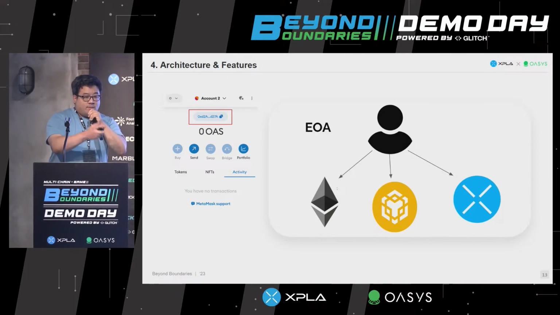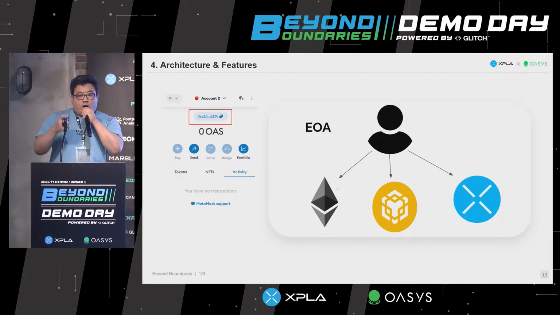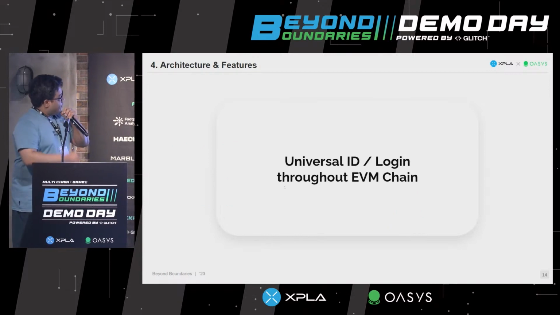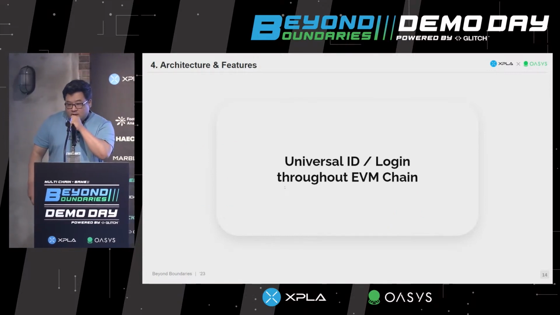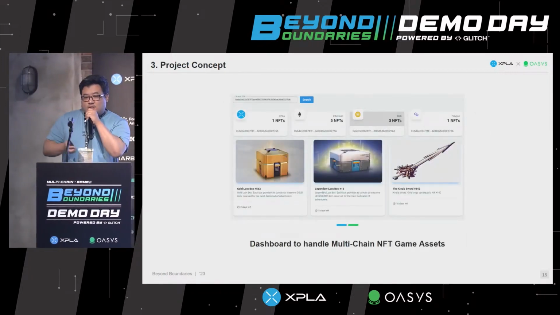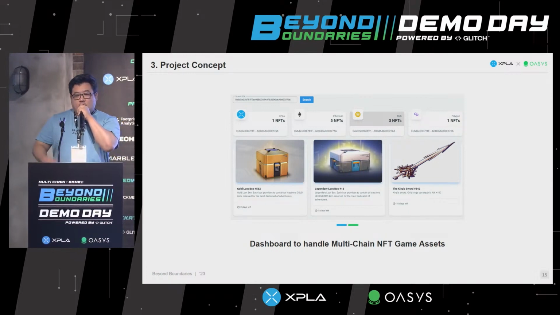A user can have the same one in Polygon, in BNB, and all other EVM-supported chains. It means that this can make a universal ID or login system through the EVM chain. And then we can make a dashboard to handle multi-chain NFT assets only by using the user EOA.